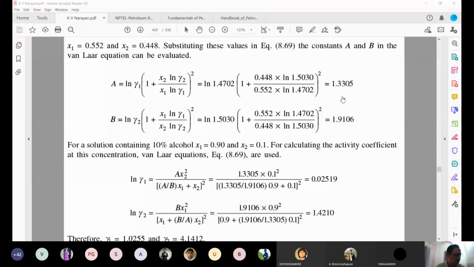If you have finished calculating gamma 1 and gamma 2, raise your hand for x1 equal to 0.1.